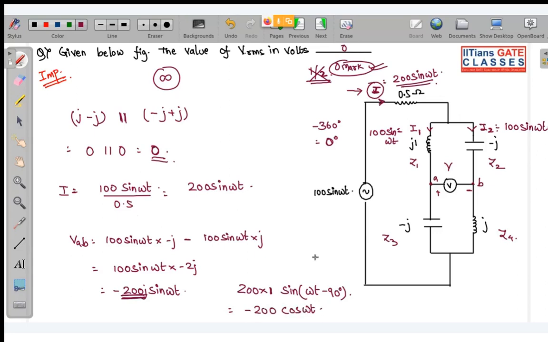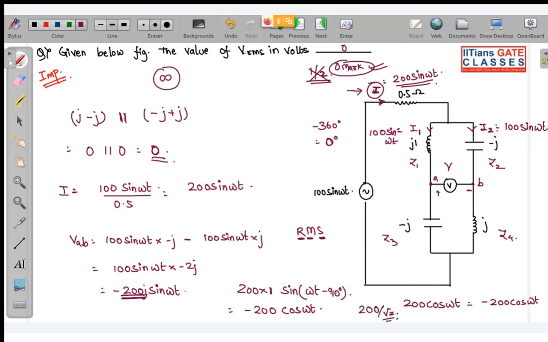But if you take the RMS value, root mean square, first you square the signal, then you take the mean, then you take the root. When you square it, it becomes positive. So the root mean square of 200 cos omega t is the same as that of minus 200 cos omega t, and that value will be 200 by root 2.